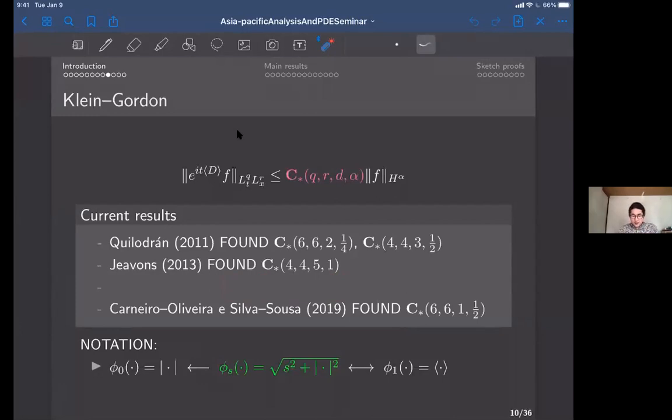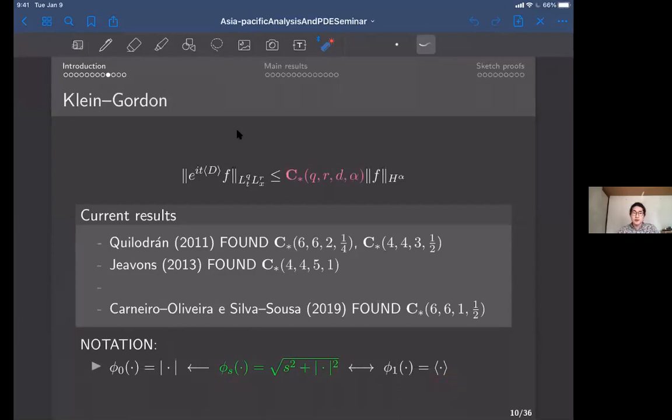And then I'd like to use the notation, the function phi sub s, defined by the square root of s squared plus the modulus of xi squared, which coincides with the Japanese bracket when s is 1. And in this specific context, it doesn't really matter which one you consider, the Japanese bracket or this function.